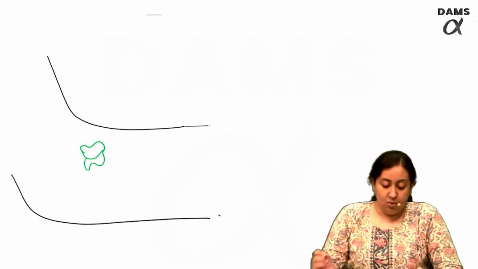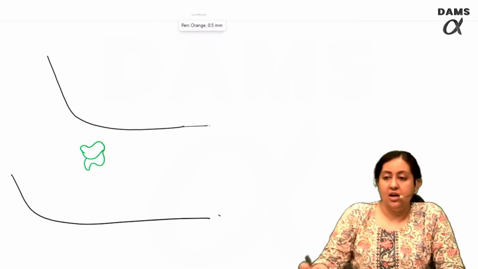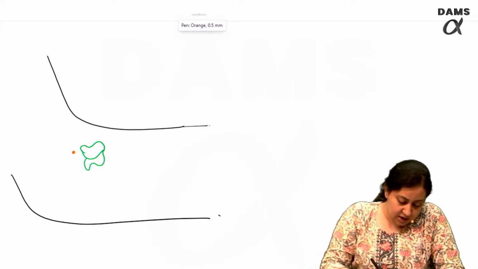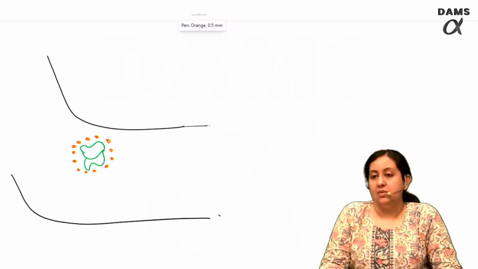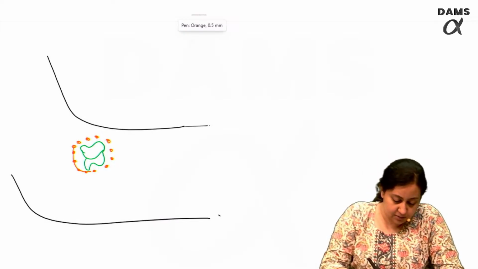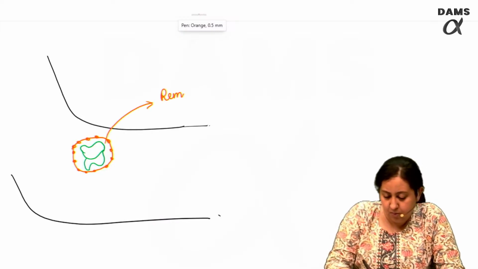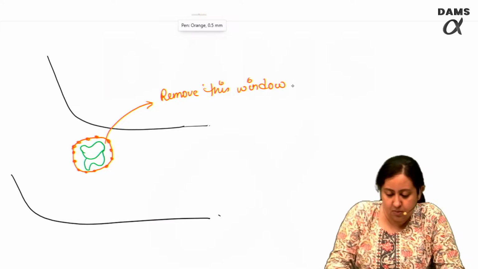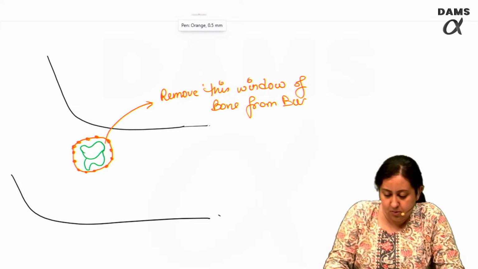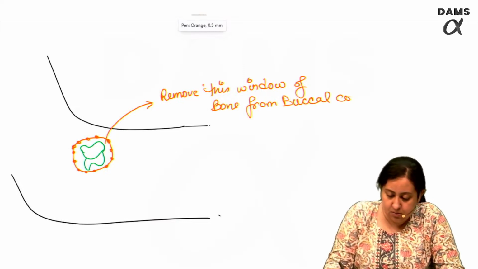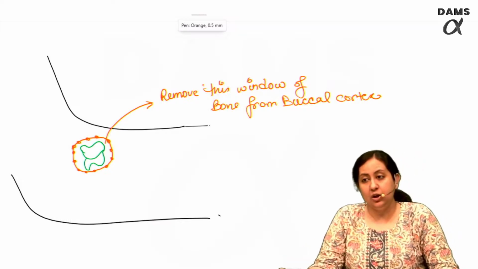In the lateral trephination technique, you take a trephine burr and you punch holes here in the buccal cortex. You join these and remove this window of bone. So you basically are creating a window into the buccal cortex.